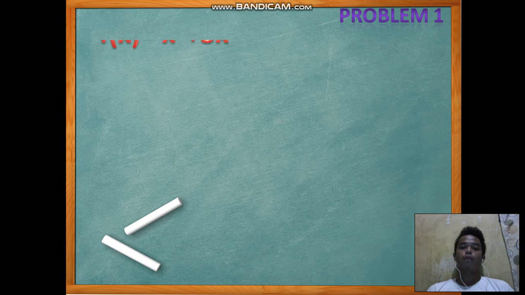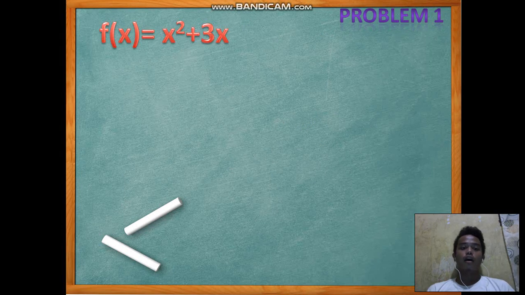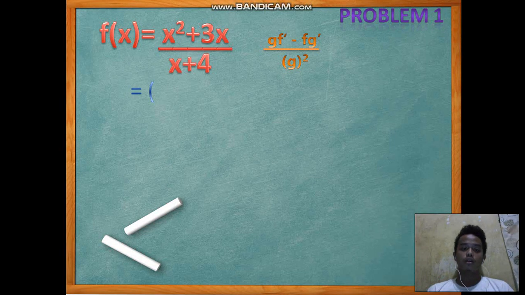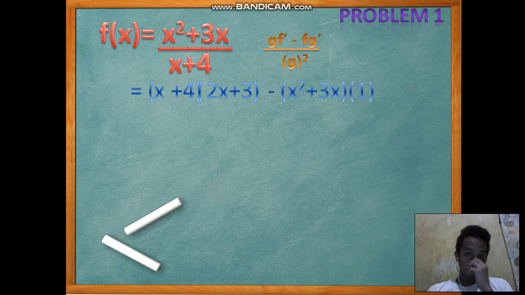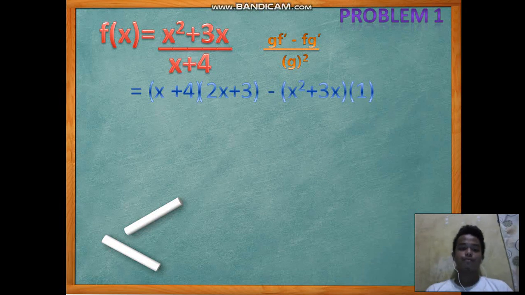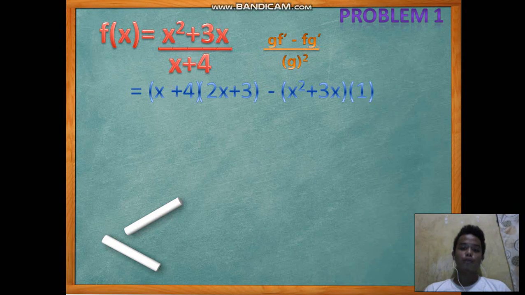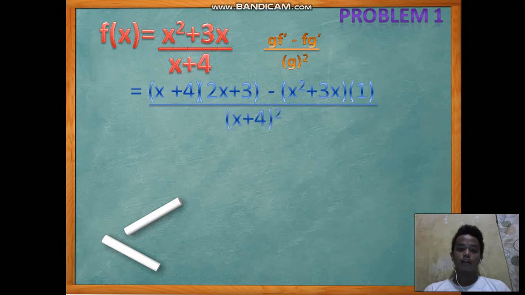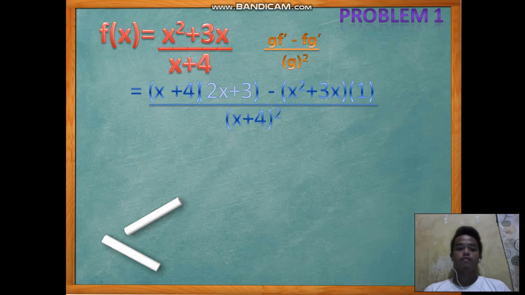So problem number 1, x squared plus 3x divided by x plus 4. So do not forget your formula. Copy your denominator, which is your g function, times the derivative of your numerator, minus your numerator times the derivative of your denominator, divided by your g function squared.